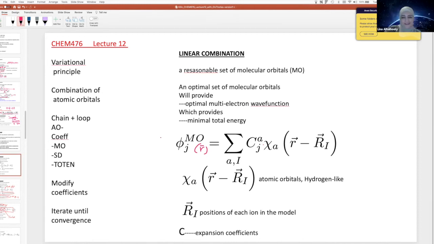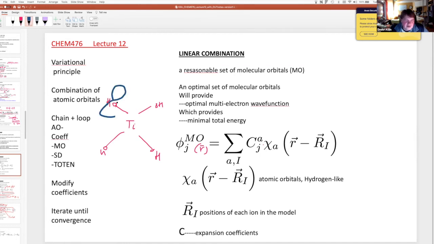So, if you remember our last lab, maybe for this titanium hydroxide, you remember that there were, for example, the HOMO orbital was looking like p orbitals on oxygens, right?